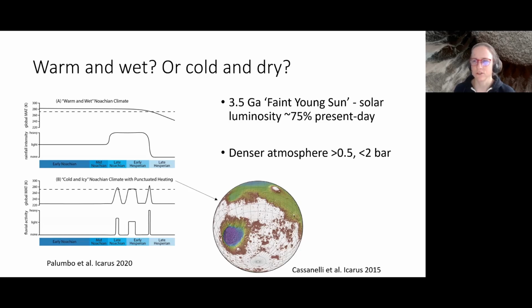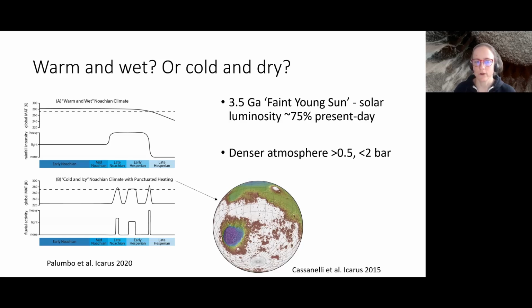So what researchers suggested in order to try and overcome this problem of energy input is that we could have actually had a cold and icy climate, where you have basically an ice cap all across the southern highlands, because when you have a thicker atmosphere, it's colder as you go up in the atmosphere.